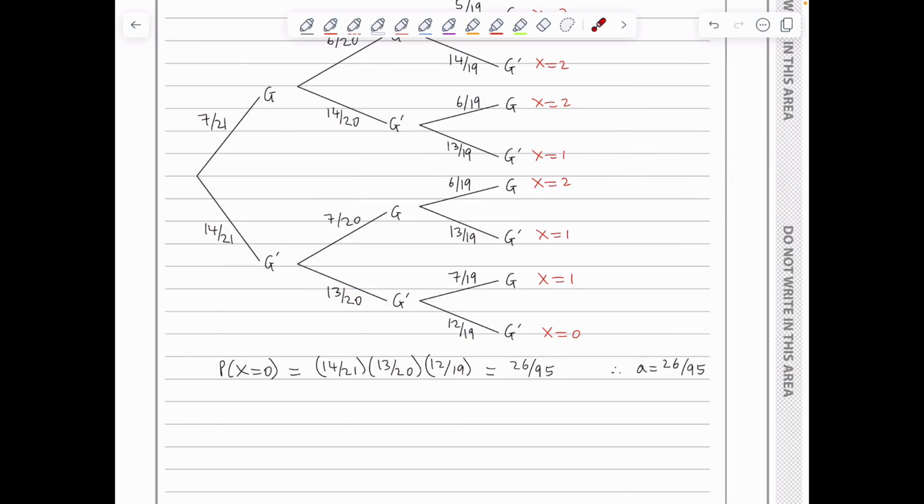I will now proceed to find the probability of x is 1, which can be attained through green, no green, no green, or no green, green, no green, or no green, no green, and green. So there are three possibilities here.